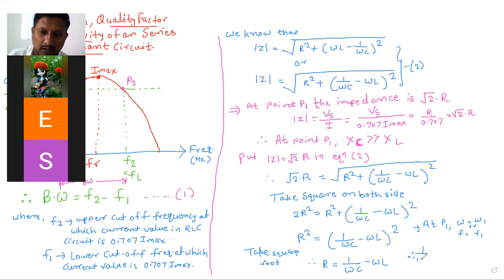So 1 upon omega 1 into C minus omega 1 into L is equal to R. This is equation number 3. I only changed the sides, it makes no difference. That is equation number 3.